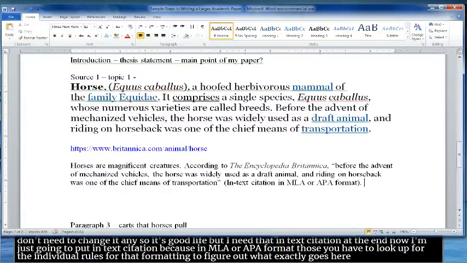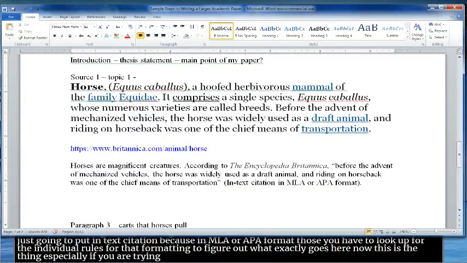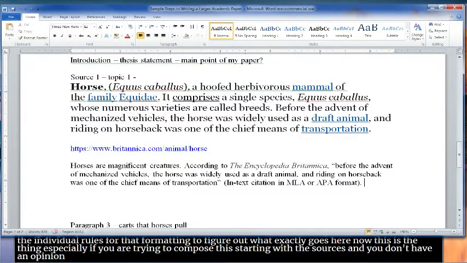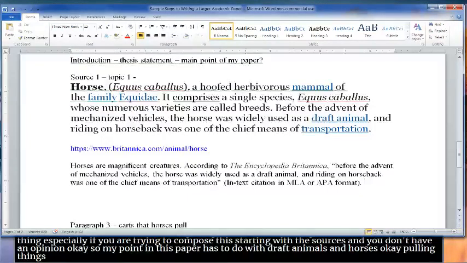Now, this is the thing, especially if you are trying to compose this, starting with the sources, and you don't have an opinion. Okay? So my point in this paper has to do with draft animals and horses. Okay? Pulling things, maybe trailers, carts, that kind of thing. So draft animals.